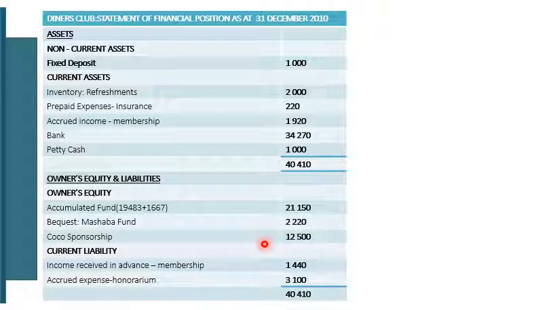Moving on to the current liability, we have income received in advance, membership as calculated while presenting the income and expenditure statement, and accrued expense for honorarium as a current liability also reflected on the statement of financial position.